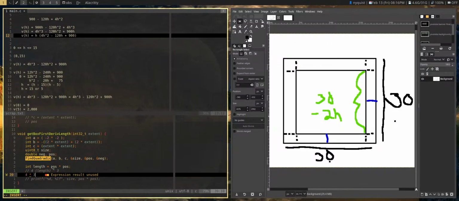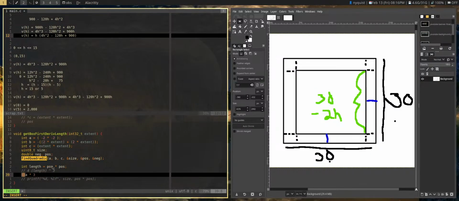Maybe I'm overthinking this. A times 3, power of 2. I'm probably overthinking this.